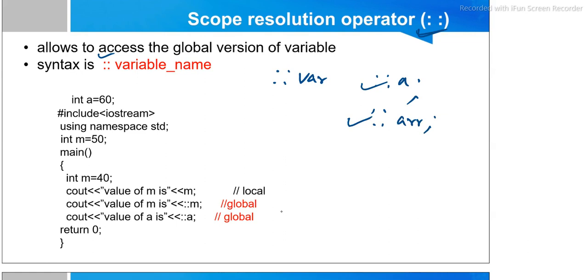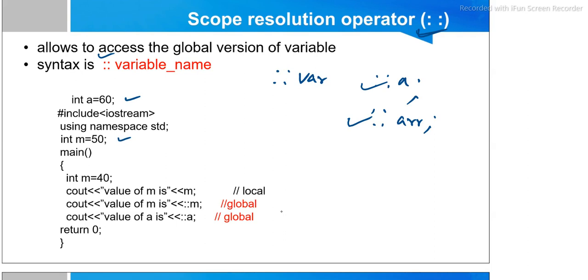Let's discuss one example. Here we have taken one integer variable A equal to 60, which is declared globally. Then #include <iostream>, using namespace std. These are part of the C++ program. Now integer m equal to 50 is also a global variable we have declared. Let's see how, using the scope resolution operator, we can access these two variables inside our main function.